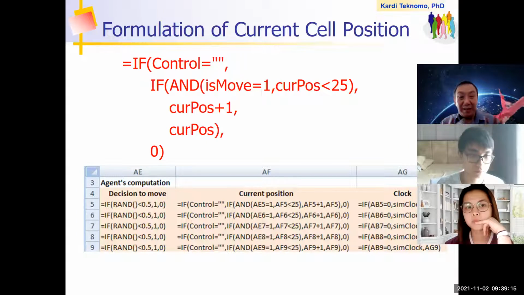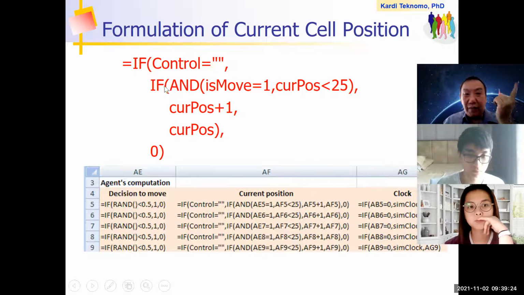This is the formula that you put. Say if control is empty, then do this: if move is 1 and current position is less than 25, then current position plus 1. Otherwise, current position. If control is not empty, 0.